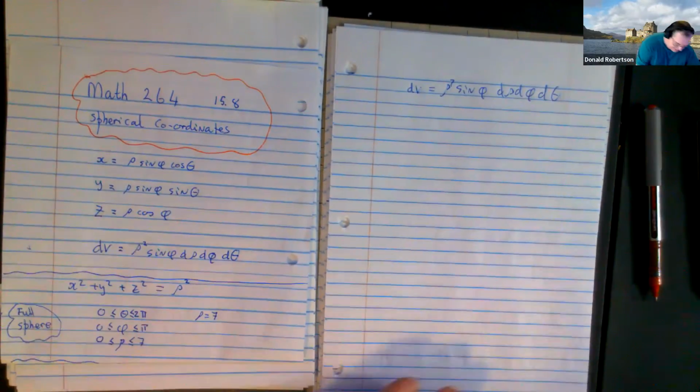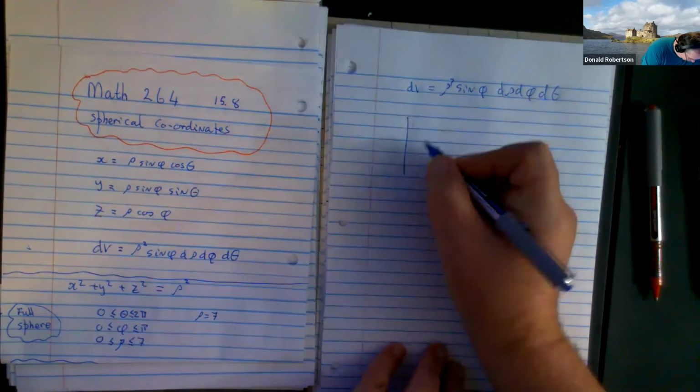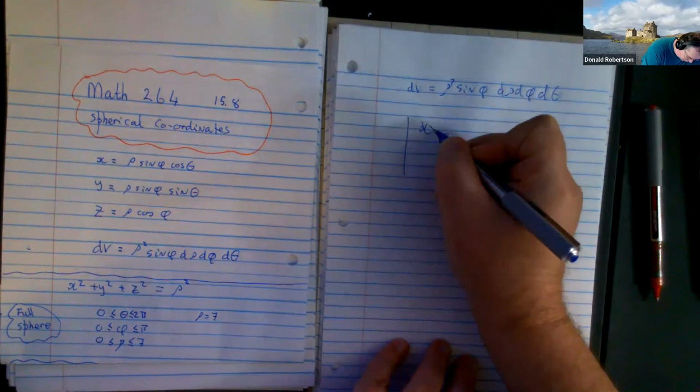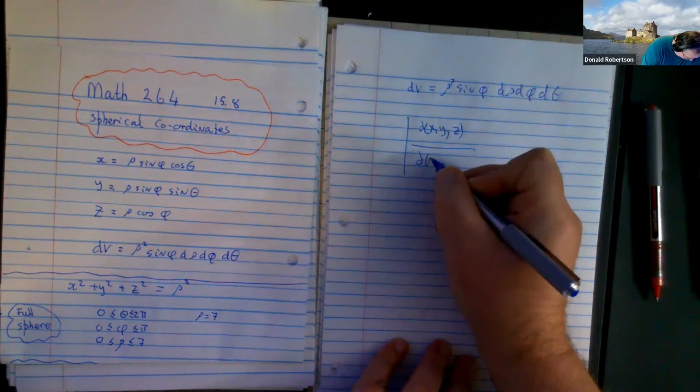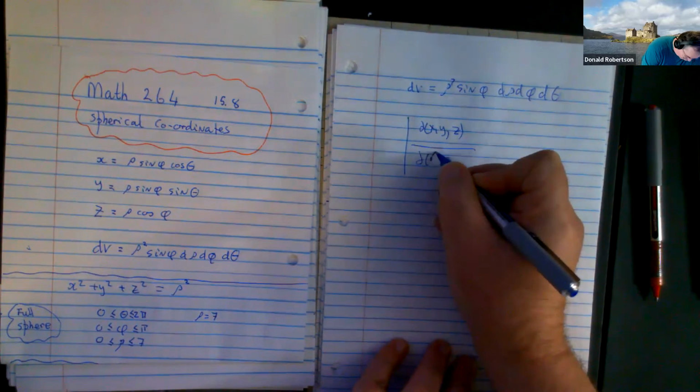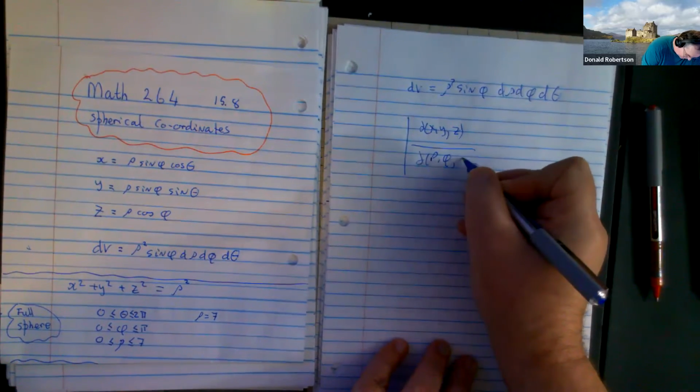And these are your, essentially, transformations. This is a three-dimensional one. When you do a three-dimensional one, you do an x, y, z with, what's the order we're doing? A rho, phi, theta.